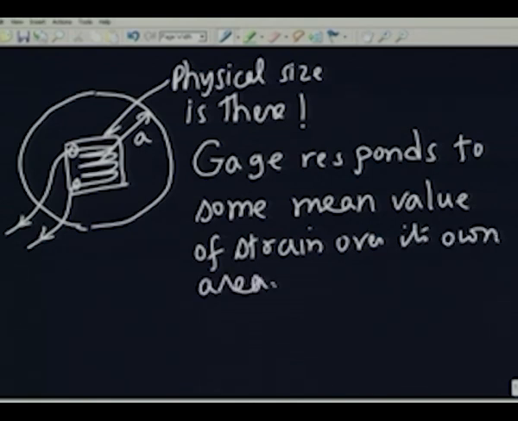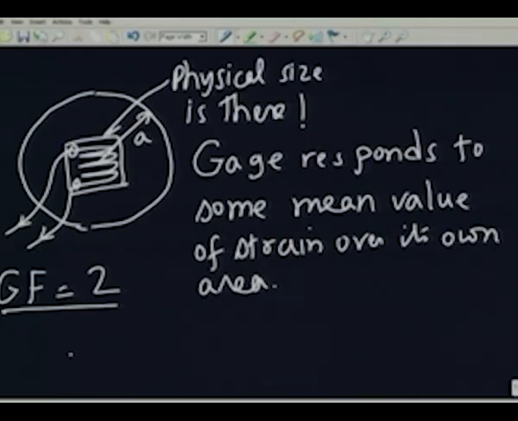So, a useful formula has been worked out for the gauge response, assuming a gauge factor of 2. You remember the gauge factor equal to 2, which is true for those 4 materials I discussed earlier. For those materials the gauge factor is 2.